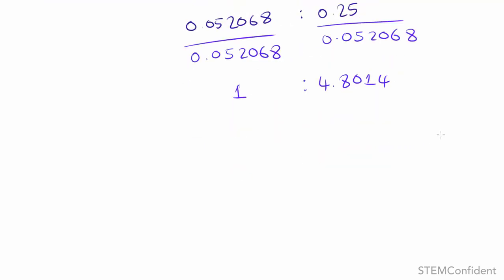Now x needs to be an integer value, right? And so this value I have here, I'm gonna round it to the nearest integer value. So effectively what I'm going to say is that 1 is in a ratio with, and what does this round to? This rounds up to 5, right? So it's going to be 1 in a ratio of approximately 5, okay? And therefore, x is equal to 5.